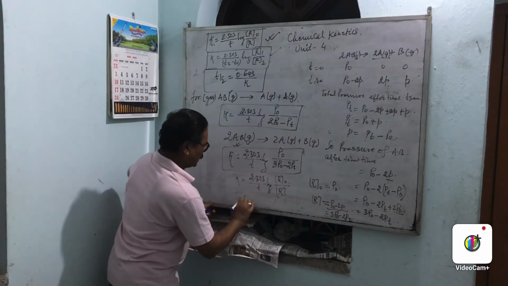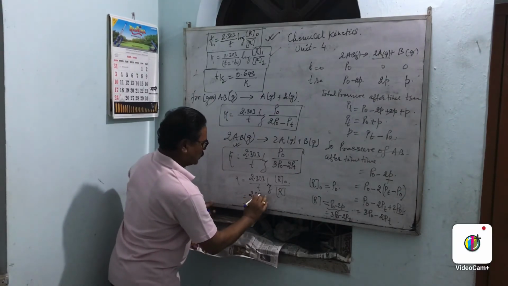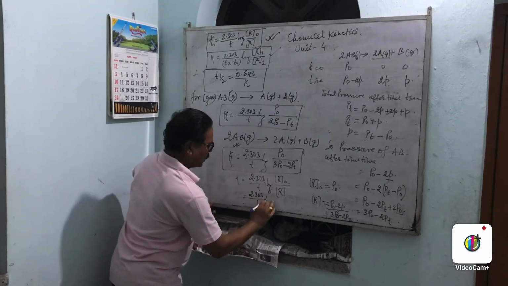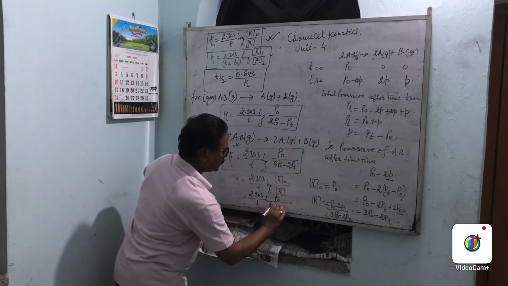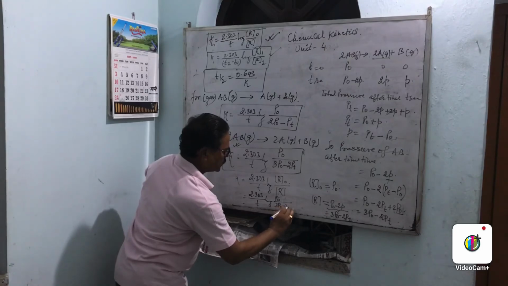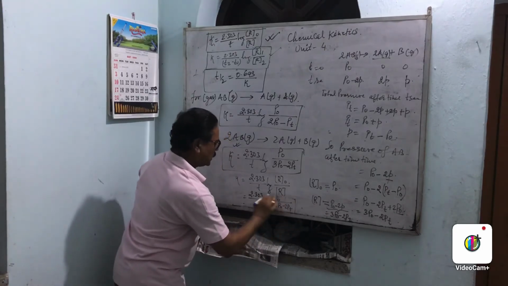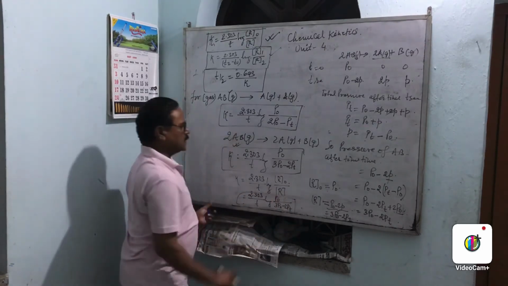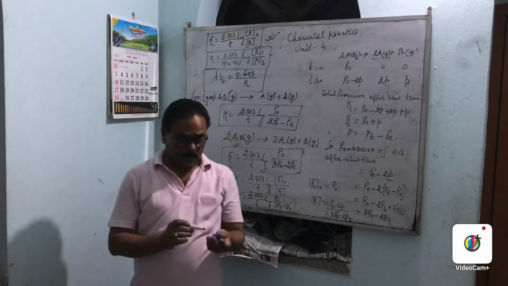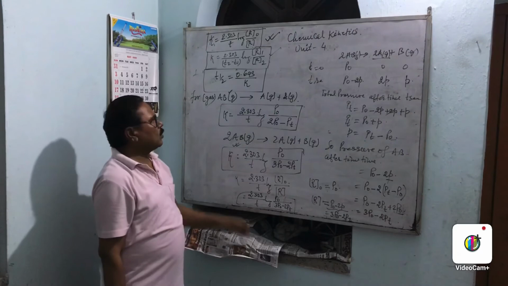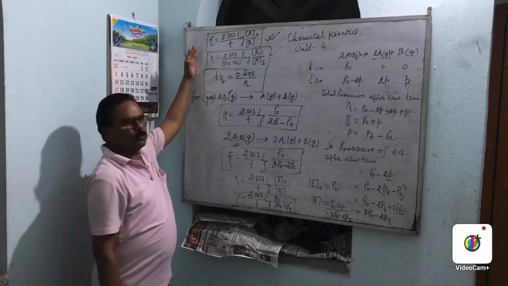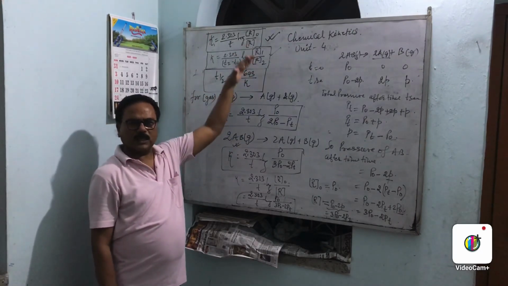So putting the value, K is equal to 2.303 by t log of P naught by 3P naught minus 2PT. So this is the equation for the gaseous molecule. We have the rate constant for the first order reaction, and all the problems given in your book will be based on this concept.